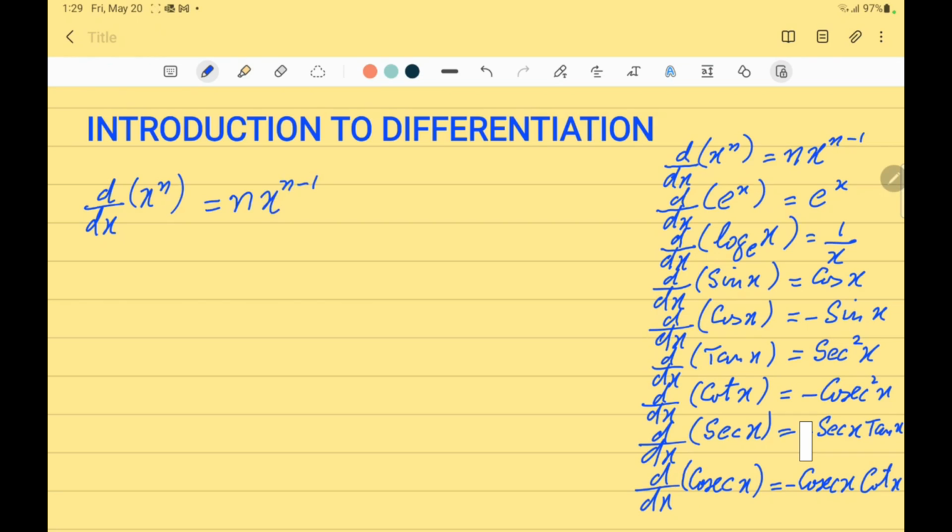So the differentiated form of x raised to power n is equal to n multiplied by x raised to power n minus 1.